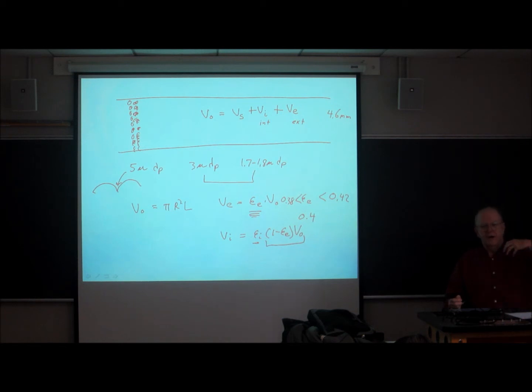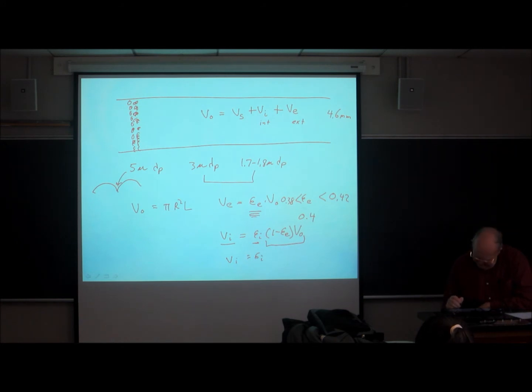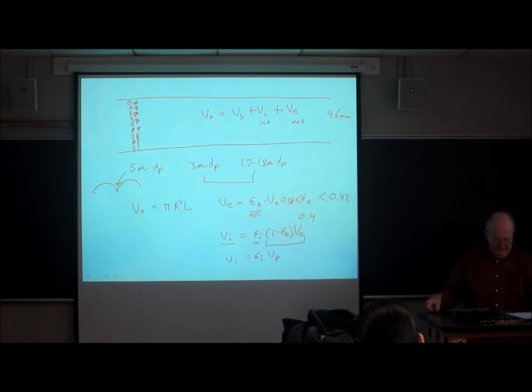So it's the volume inside the particle divided by the volume occupied by the particle. If the particle were a sphere, that would be 4/3 pi r cubed. So that's our internal volume, and we would write that as EI times the volume occupied by the particles.